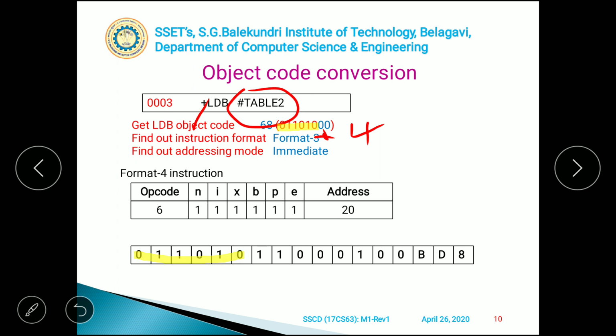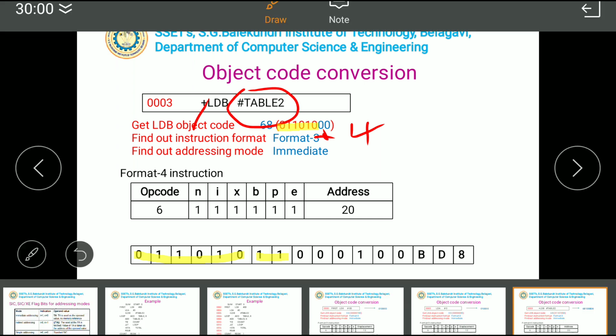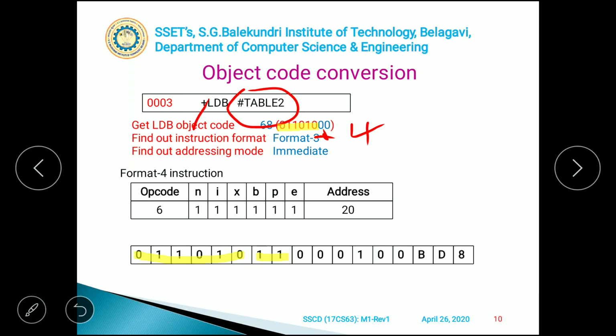And after that, n and i are going to be set as 1. Generally, in all the instructions, if it is not immediate or indirect, you can set it as 1 1. It represents the simple addressing. Okay, then x, b, p are all set as 0, and we have set the extended bit e to 1. See, this extended is there here, no? So this is given here, in this case, as 1.